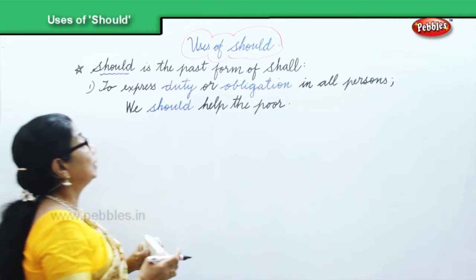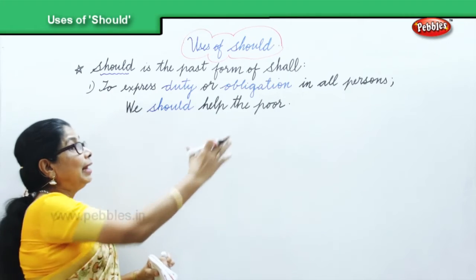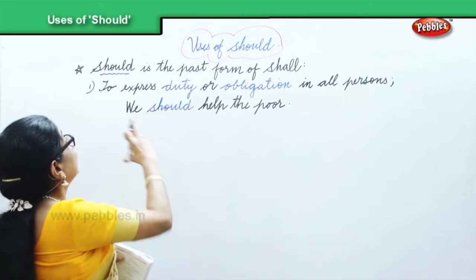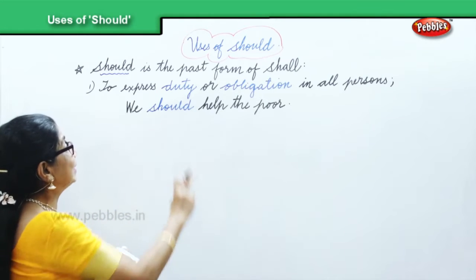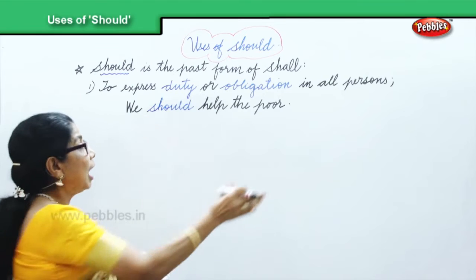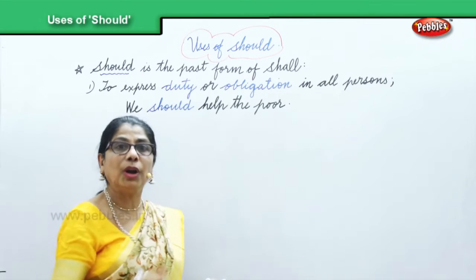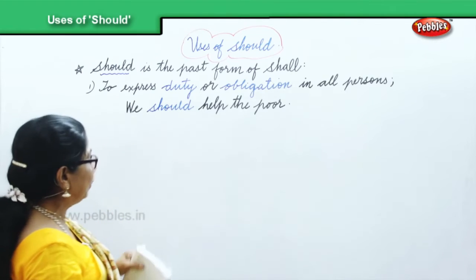Should is the past form of shall. We shall help the poor. But should is used here to express duty, obligation, our obligation to the poor. We should help the poor.